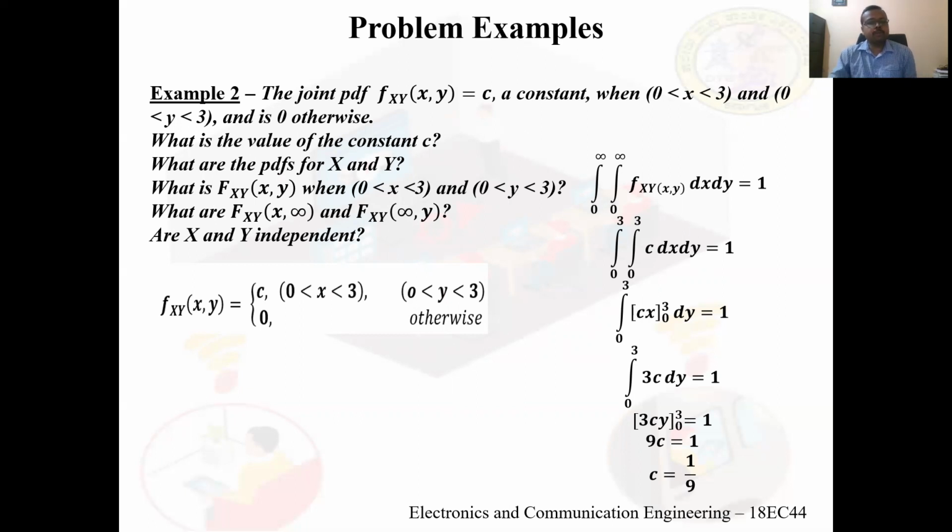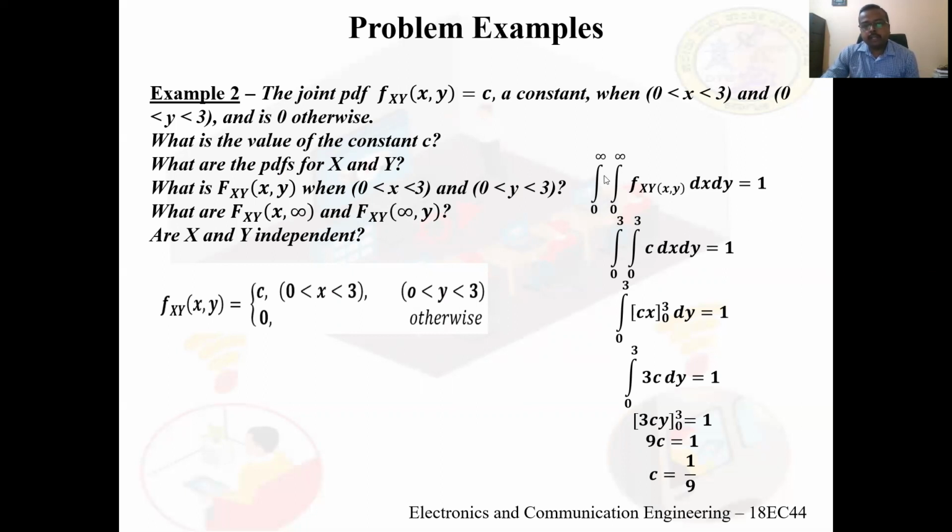Now, how do you proceed with this one? From the given problem statement, we have written the PDF as f_XY(x, y) equal to c in this range, and equal to 0 for other cases. Now, from the property of the bivariate PDF, we know that the total volume under the surface of the bivariate PDF is equal to 1.